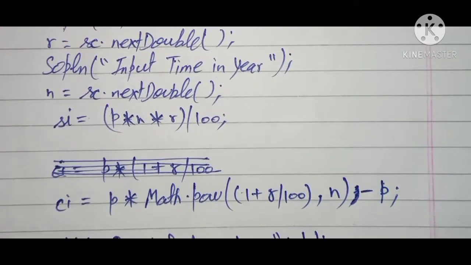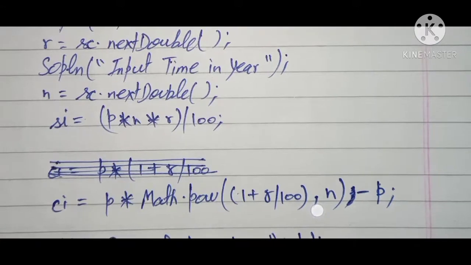Math.pow is used for exponent calculation. It means if you want to calculate x to the power n, then there is need of math.pow. In math.pow there will be two parts. The first part will be the base and the second part will be the exponent. That's why here you can see the comma.